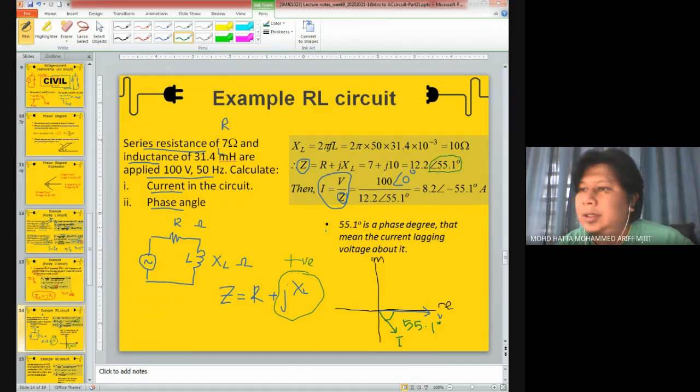Although the current angle is negative, if the question asks about the phase angle, maybe this question is not fully written. Maybe in your assessment, you will see phase angle of voltage and current. Okay, the voltage and current phase angle is this angle, which is a positive value, the difference between the angle of voltage and the angle of current.